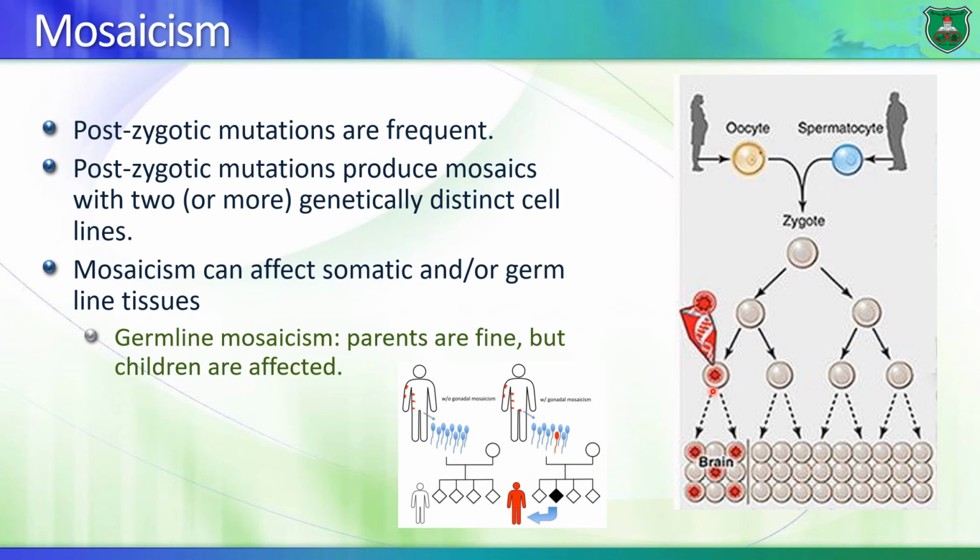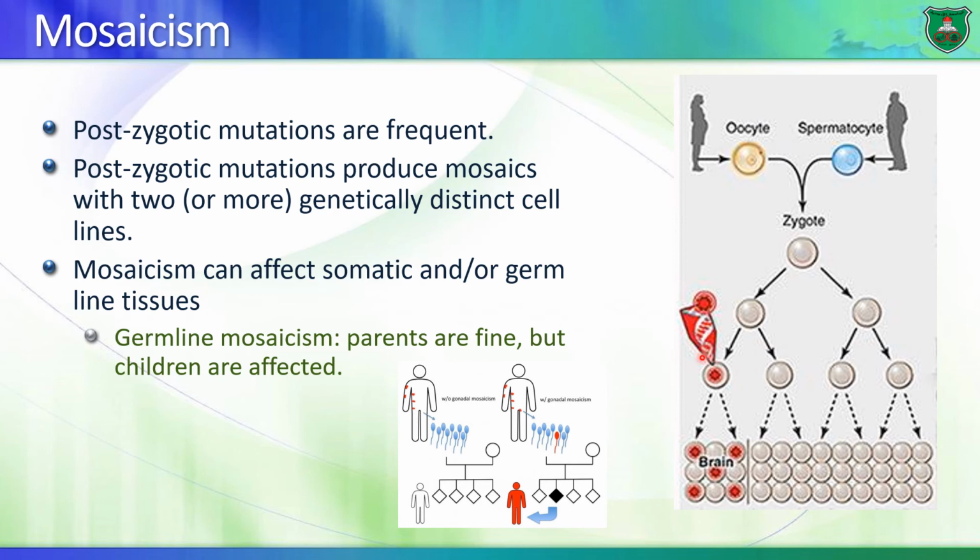This results in the formation of several cell lines, and all of them would carry the mutation. Now you might have an organ that is affected, like the brain, liver, kidney, whatever, depending on what organ or tissue this cell differentiates into.